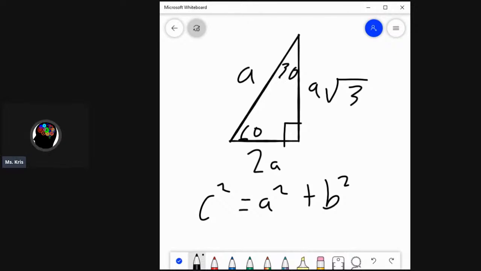Then, of course, you have c squared. We know that by definition, if you already have a squared, then the hypotenuse is 2 times a. So basically what they did was they took the hypotenuse definition and the shorter leg definition to find the longer leg definition.